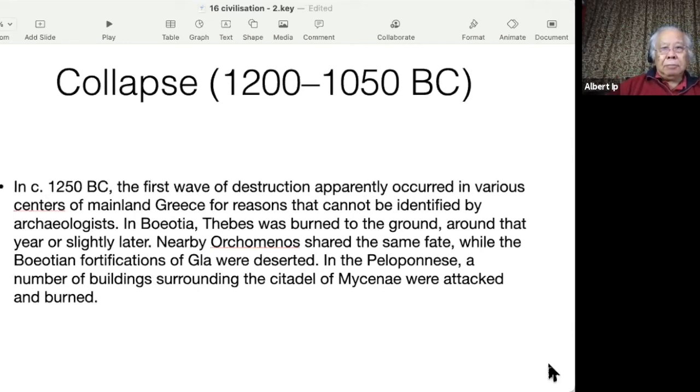Again, collapse. The reason for the collapse is not completely understood. We don't know why it collapsed, but we do know that around 1200 to 1000 BC you had a preliminary collapse, and then a later collapse also happened.